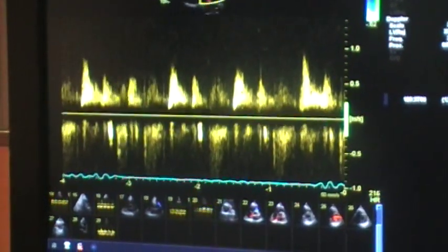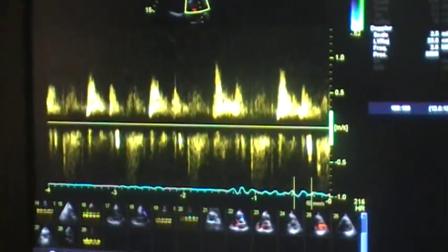A lot of places will have you do continuous wave through here now. This is looking more at how that flow's going through. We're gonna hone in on it just a little. Normal flow again is above the baseline here. This is kind of a little more advanced measurement.